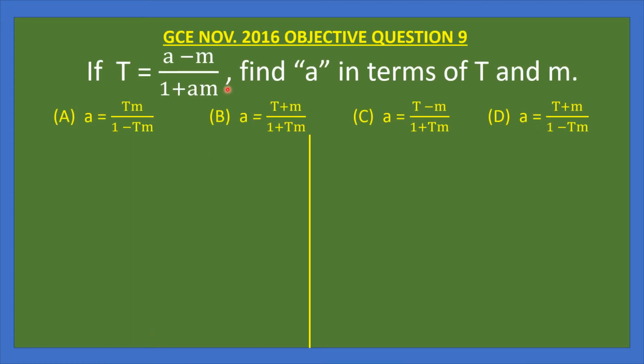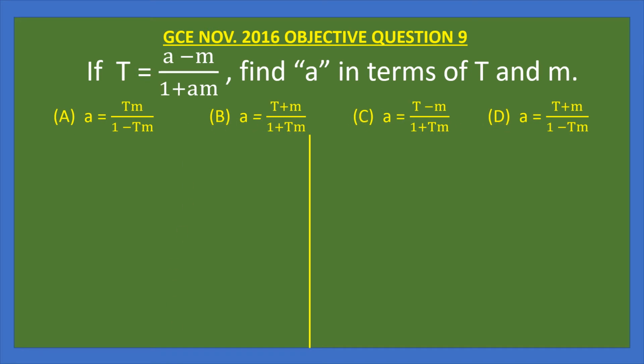Let's take the next question. This is GCE, November 2016, objective question number 9. It says if T is equal to A minus M all over 1 plus AM, find A in terms of T and M. It means make A the subject of the formula. We have the options A, B, C, and D, so one of them is the correct answer.